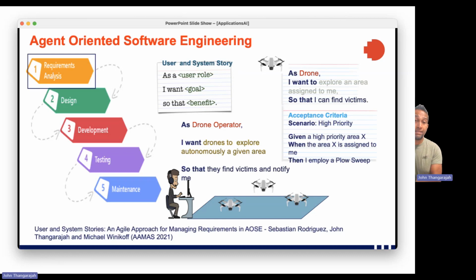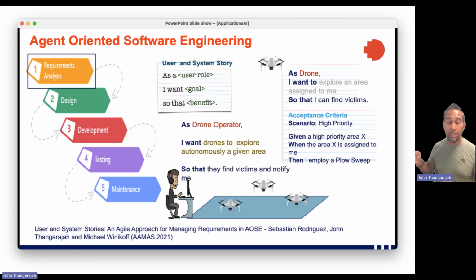And similarly, as a system story, the drone can say, as a drone, I want to explore an area assigned to me so that I can find victims. Here's my acceptance criteria. If it's a high priority area, then when the area X is assigned to me, I employ a particular plan called a cloud sweep. Okay, so these are just examples. This is how we capture requirements, right?